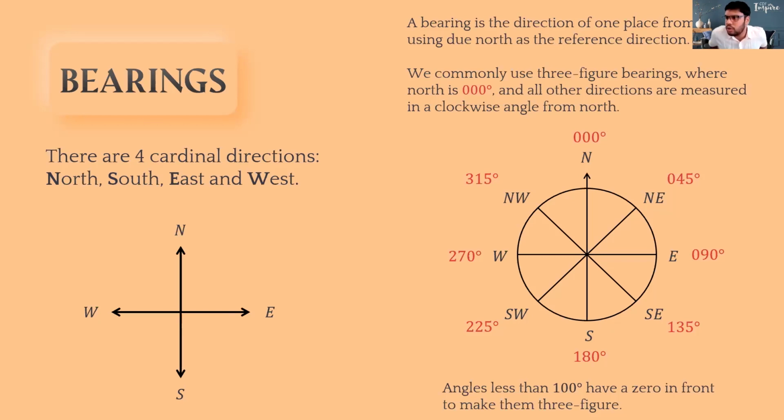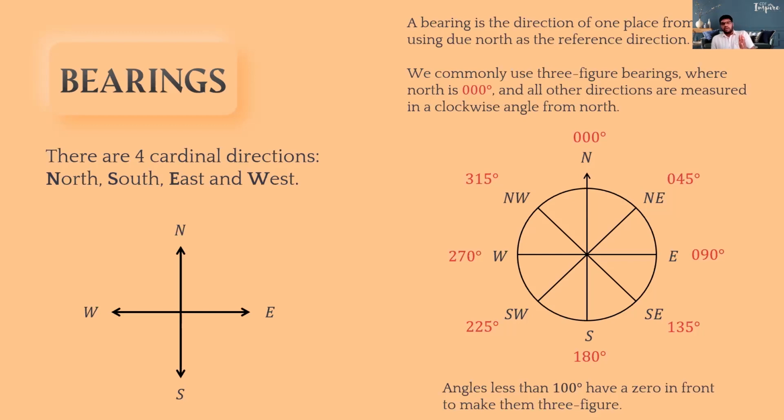Bearings is always going to be between two places. Tarlito, could you send me a message and let me know whether you're here? Yes, okay. So the others go ahead with the questions.